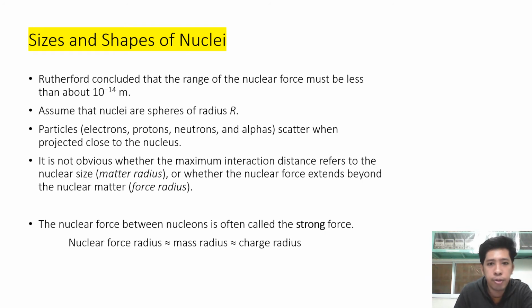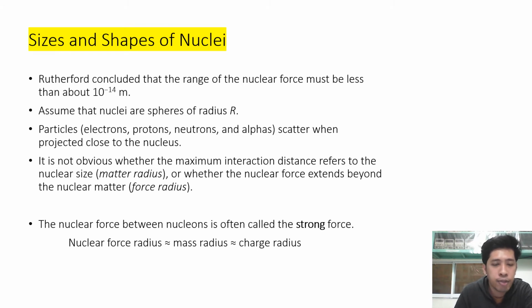Rutherford concluded that the range of the nuclear force must be less than 10 to the negative 14 meters. So it's a very short range force compared to the electromagnetic and gravitational forces. You can assume that nuclei are spheres of radius R. Particles such as electrons, protons, neutrons, and alpha particles scatter when projected close to the nucleus.